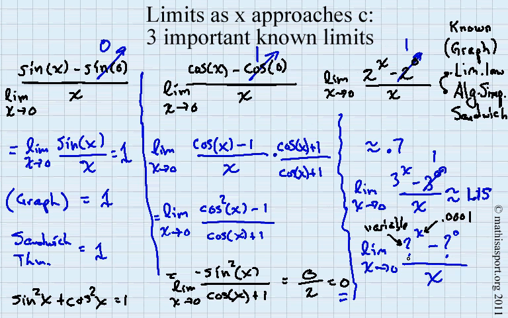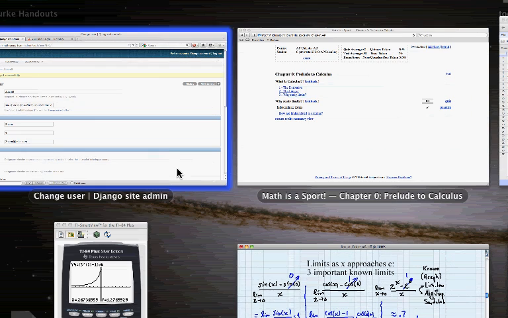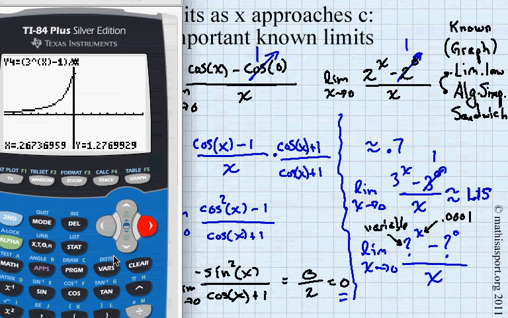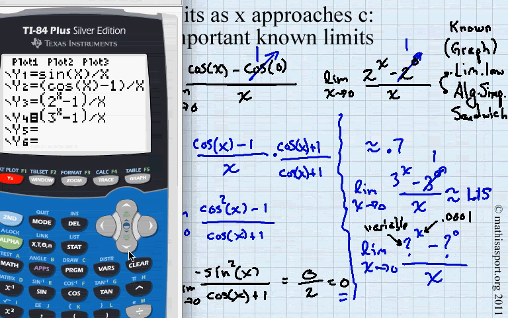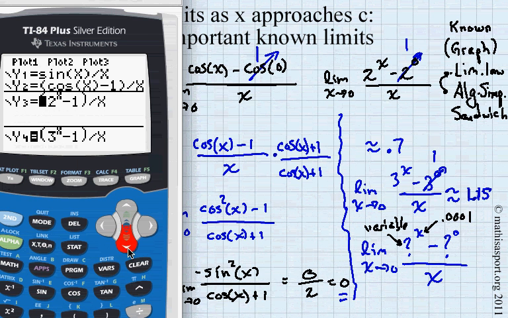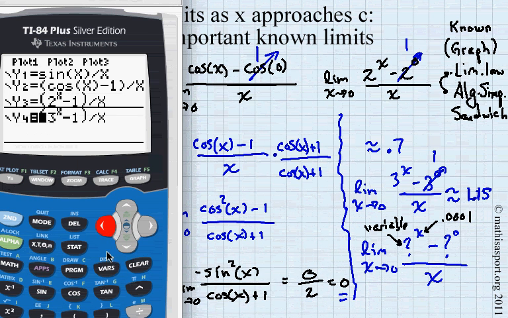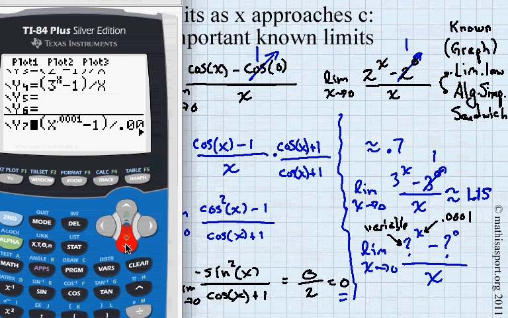Okay. Now I've put that into the graphing calculator. Let's have a look here. And we'll turn off the last one that we used. And let's go all the way down. Put it in down here. Notice what I did. The mystery number is the variable.